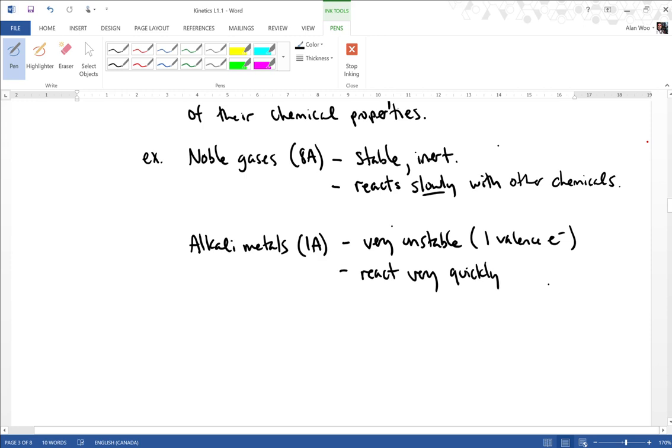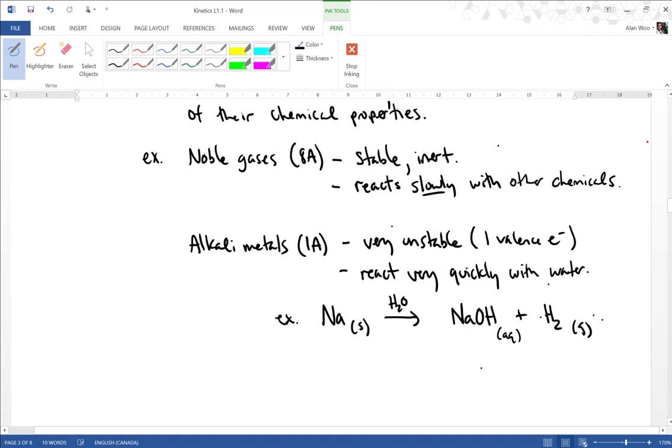So they react very quickly, in this case, with water. So if we add sodium plus water, okay, it will create NaOH and hydrogen gas. And this is a natural reaction that happens very, very quickly.